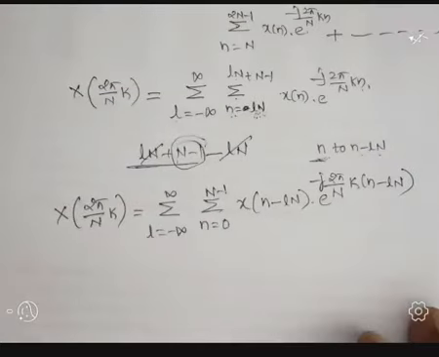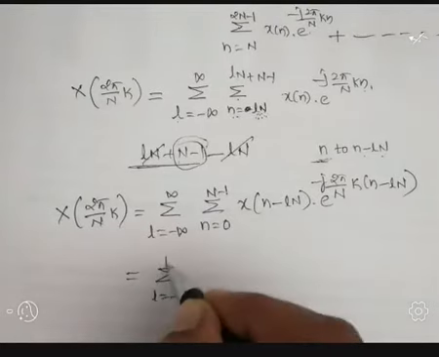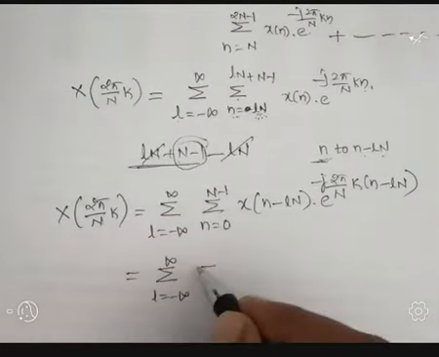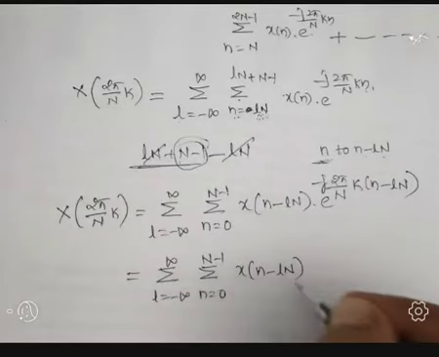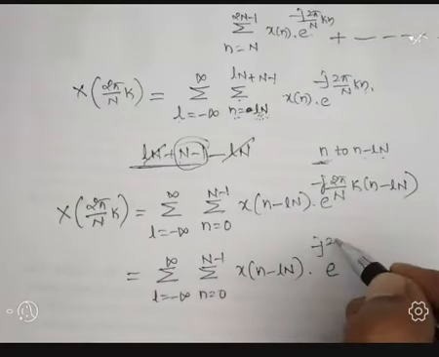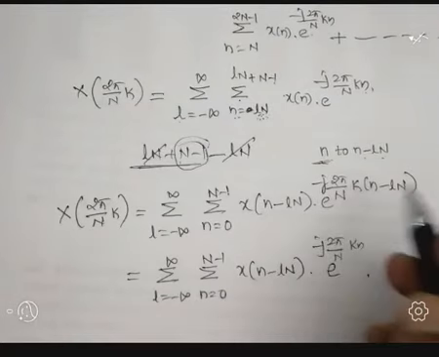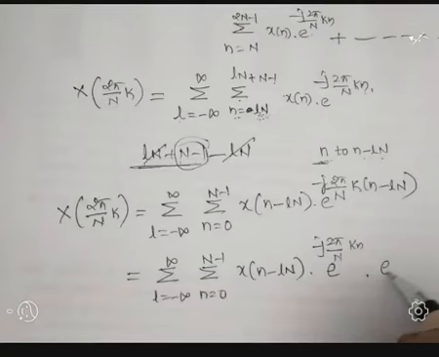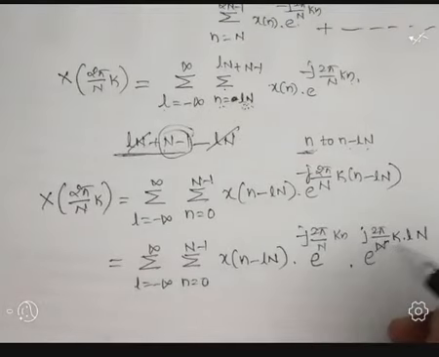For the simplification, summation l equal to minus infinity to plus infinity, summation n equal to 0 to N minus 1, x of n minus lN. I will split the summation terms as e to the power minus j 2 pi by N into kn, first term. Next, multiplied by minus into minus, it becomes plus e to the power j 2 pi by N into k into lN. So this N and this N get cancelled.